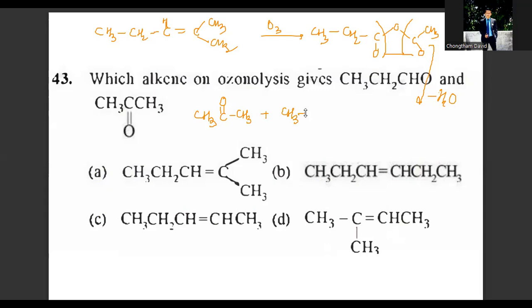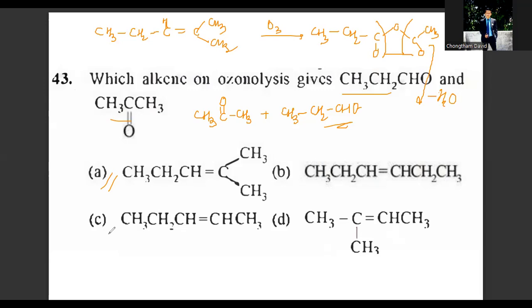You have been learning this, I hope, from class 11 onwards, still in your hydrocarbon part, right? So which is the answer for question number 43? A. Because from this product you have to plan according to it. You have to visualize.